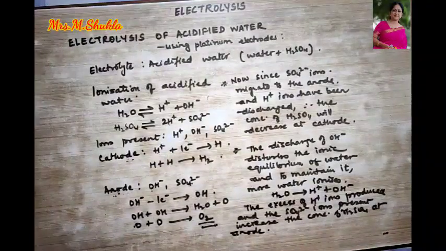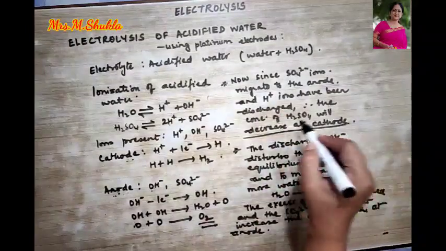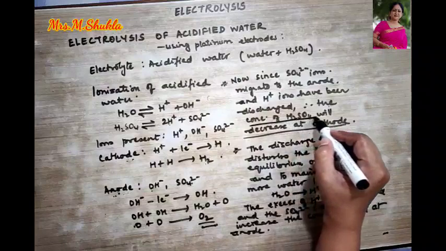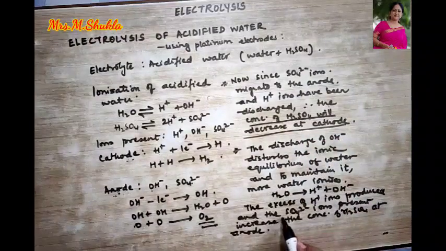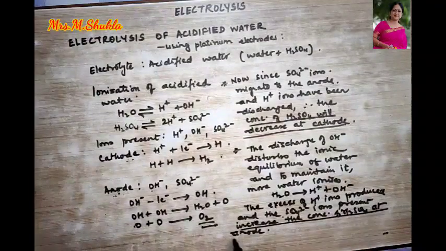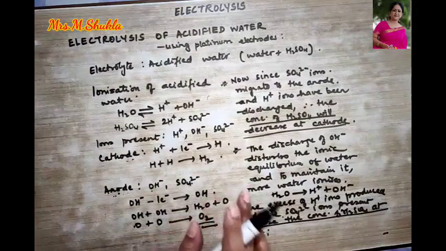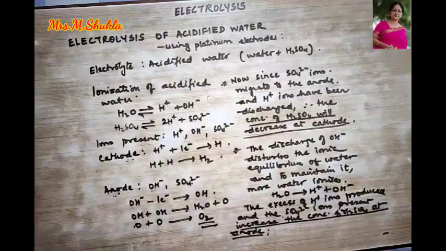Clear? Is this point clear to all of you? Over here at cathode, the concentration of sulfuric acid has decreased, but over here the sulfate ions are present and this increases the concentration of sulfuric acid at anode. Thus there is decrease in acidity at cathode and increase in acidity at anode.